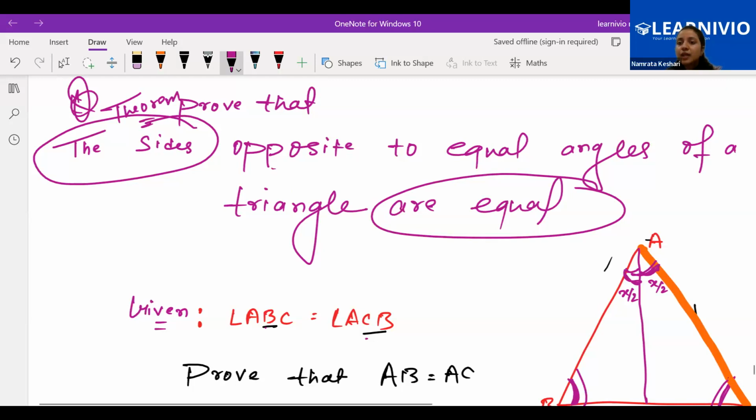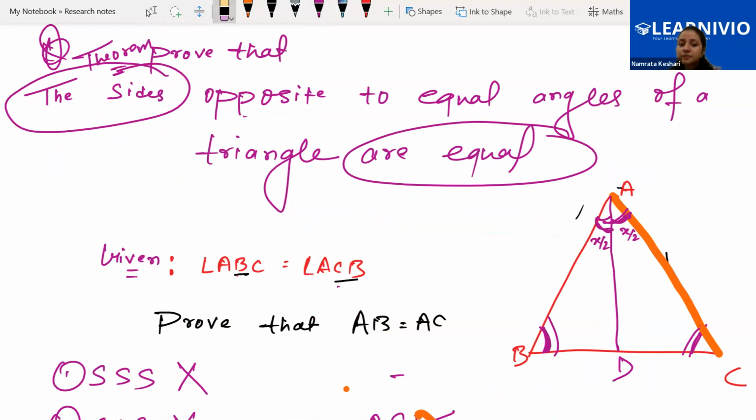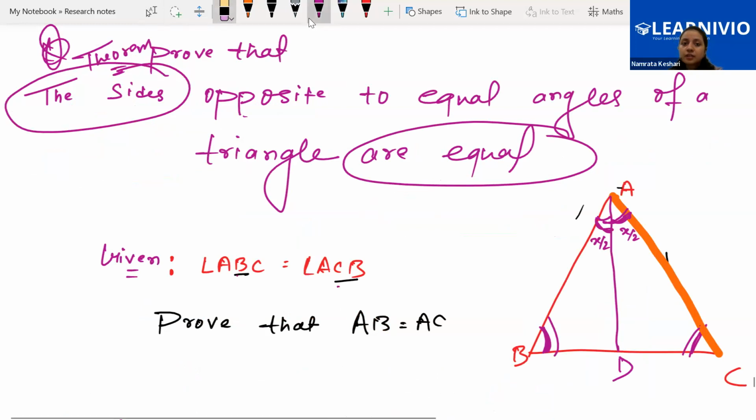We want to prove that these two triangles ADB and ADC are congruent with each other. Is it possible or not? That's what I'm asking at first. Is it possible? Yes, ma'am, it is possible.